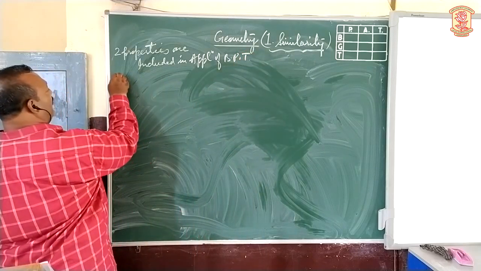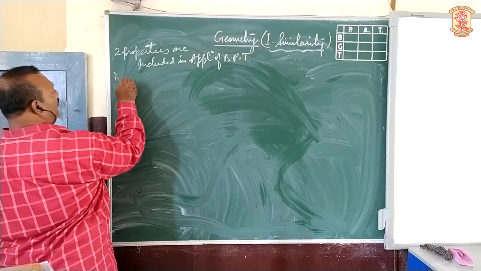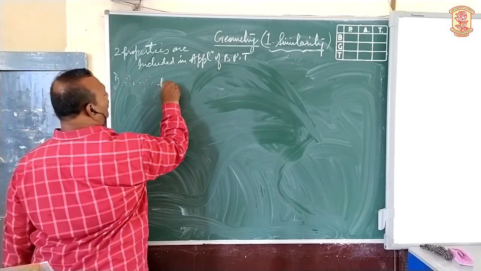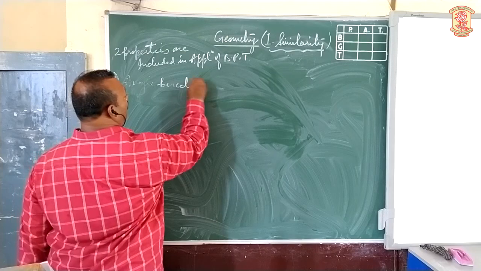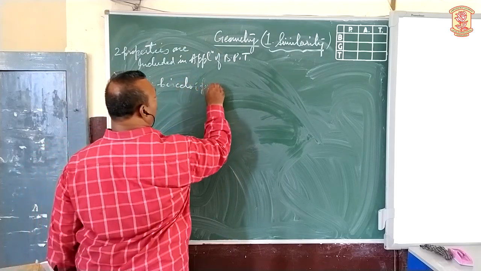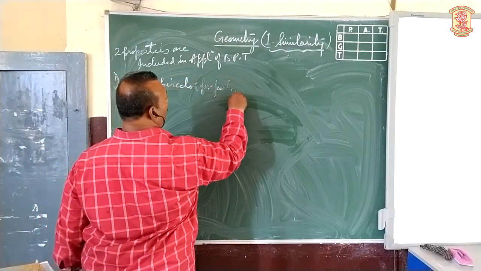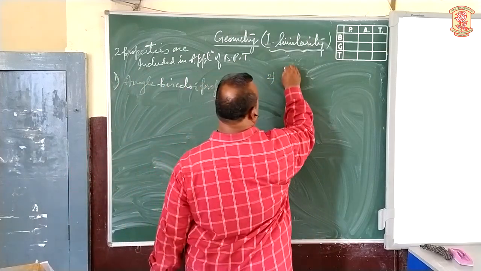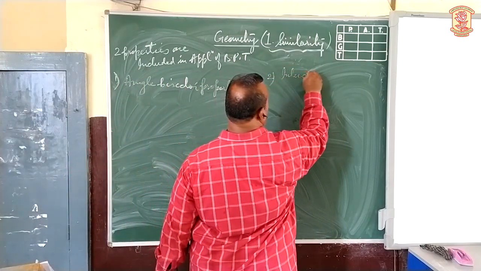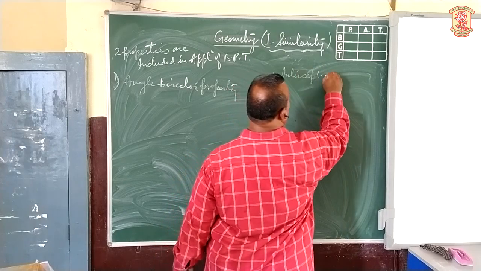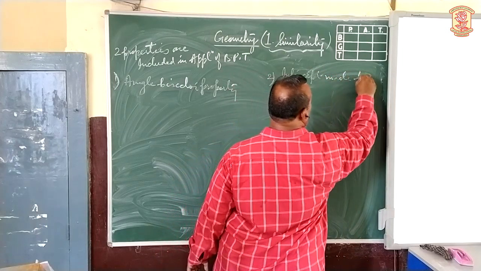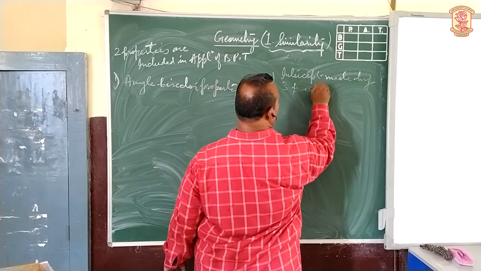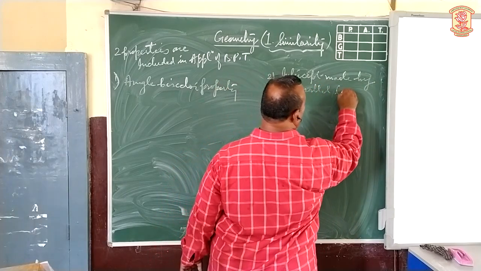These are the two important properties. First one, the angle bisector property. And the second one is the intercept made by three parallel lines.